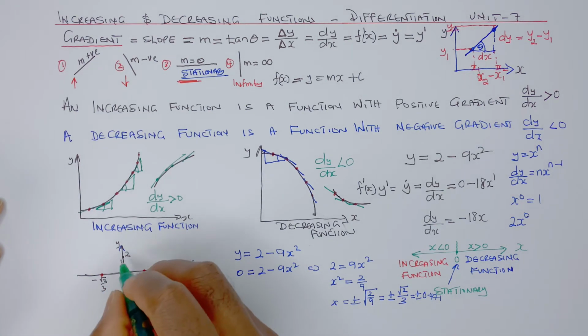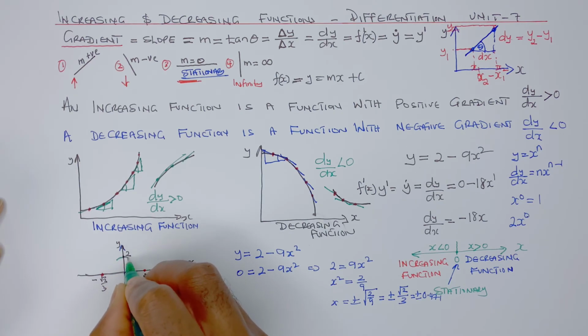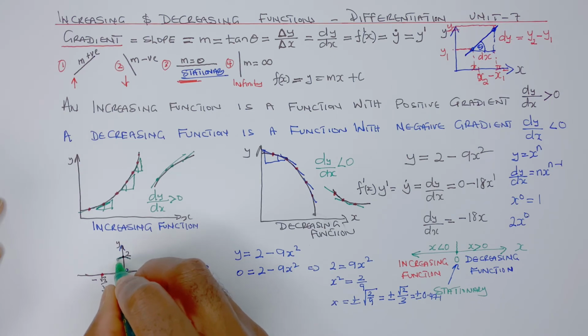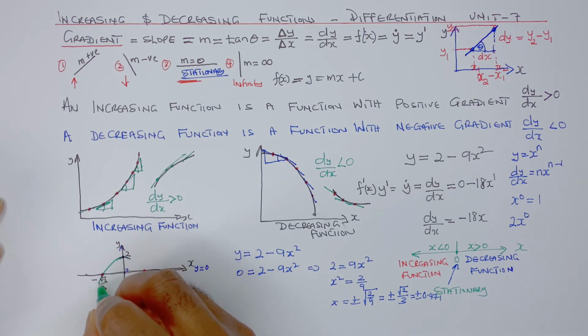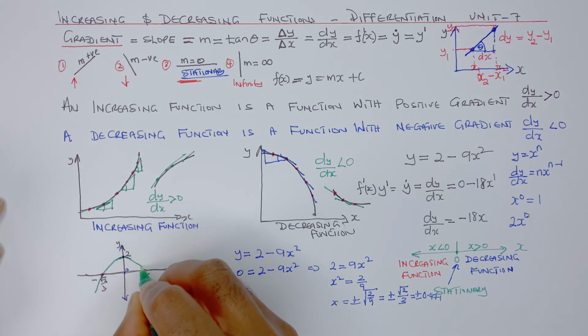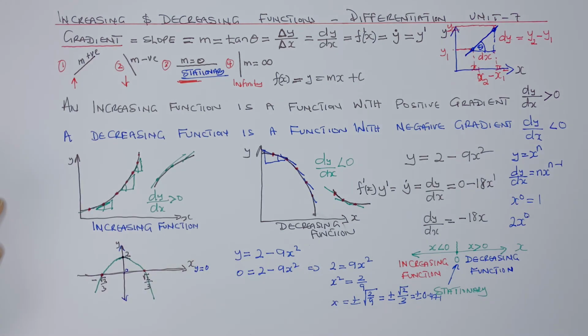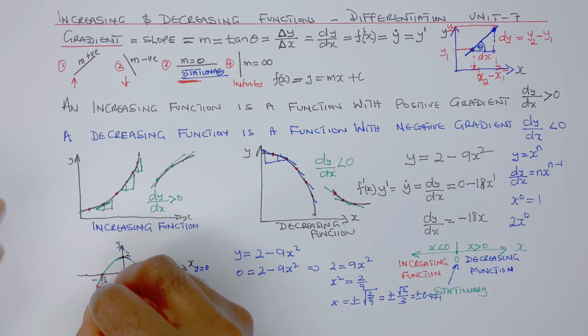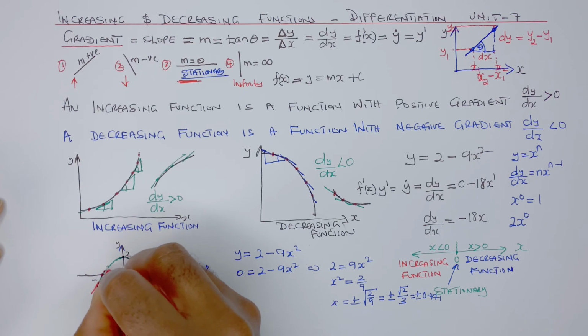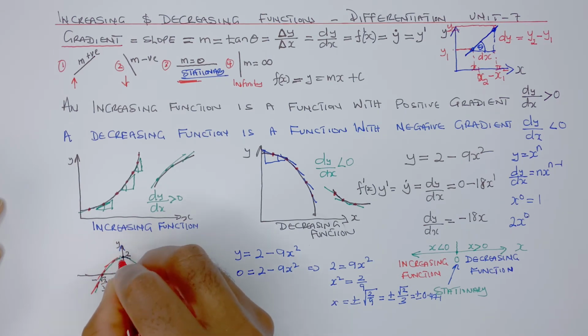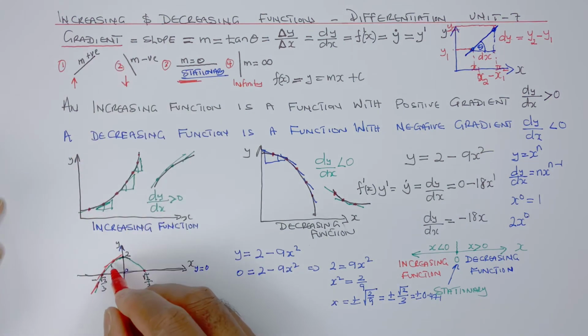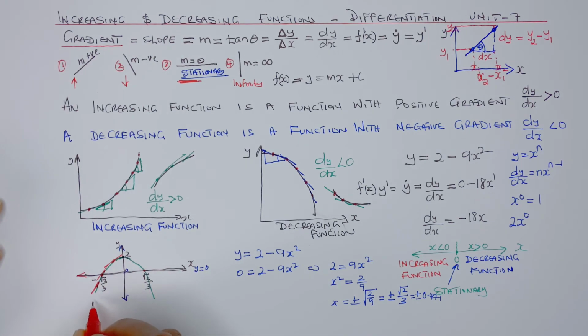So if you sketch the graph, it's going to have a turning point here at x equals 0. That's a turning point. And it crosses the x-axis there and there. Now we can see the gradient here is positive, positive, positive, just like that. So that's when x is less than 0.